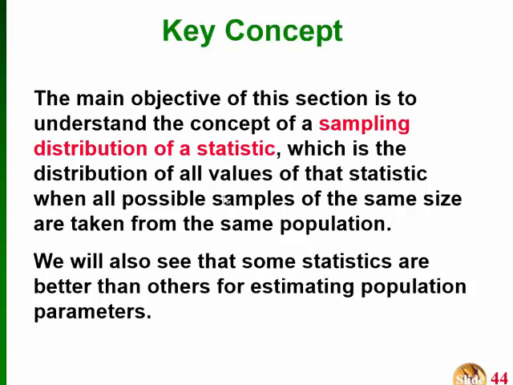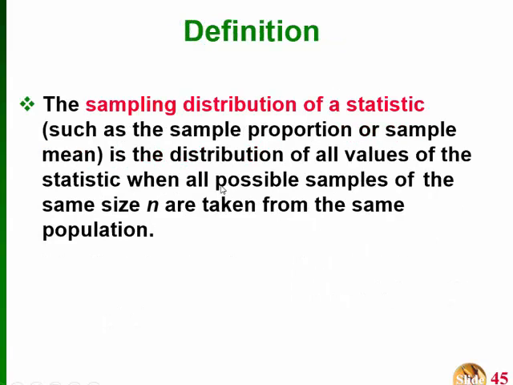So that's the idea of sampling. Well, more precisely, the definition of sampling distribution: the sampling distribution of a statistic is a distribution of all values of the statistic when all possible samples of the same sample size are taken from the same population.